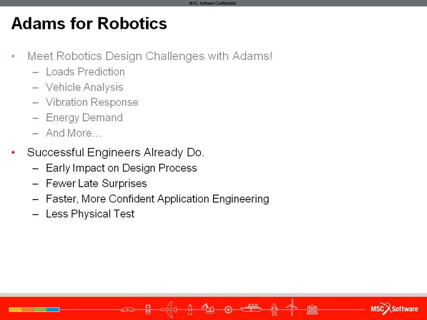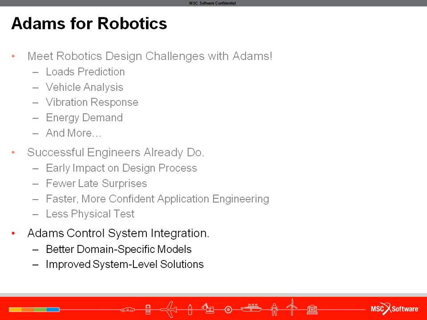We also talked about the fact that many successful engineers are already doing this and already gaining a lot of these benefits. And finally, for many robotics problems, the integration of control system modeling with multi-body dynamics and Atoms is a powerful approach to improving each domain's models and, more importantly, improving the results of the system-level solution.